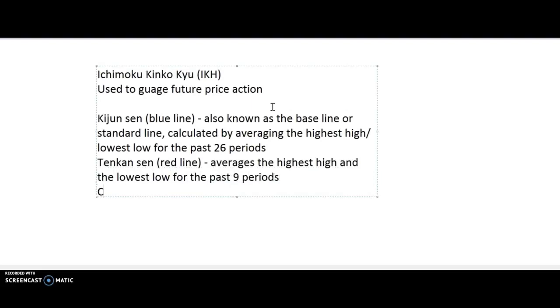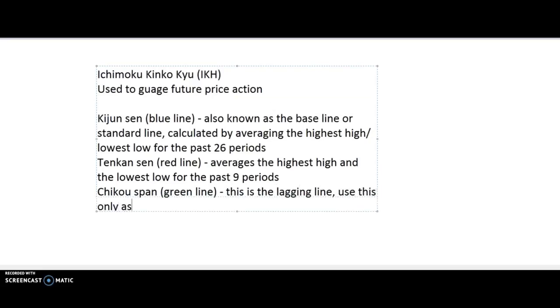Following the Tenkan Sen line, we've got the Chikou Span, which is your green line. This is the lagging line, and use this only as a guide. So we've got our 3 lines: Kijun Sen blue line, Tenkan Sen red line, and Chikou Span green line. So that's how we use the Ichimoku cloud.